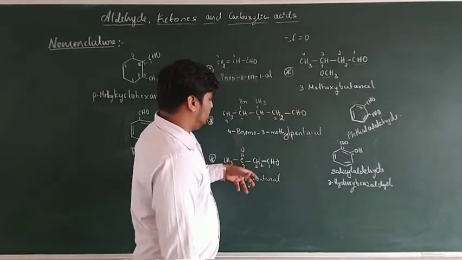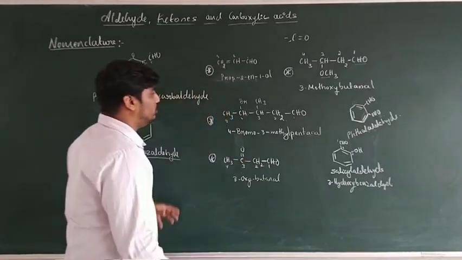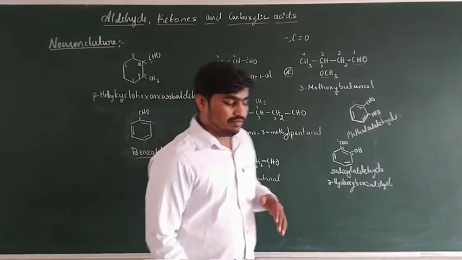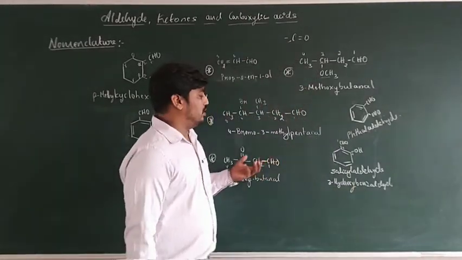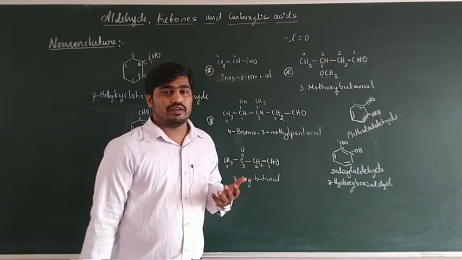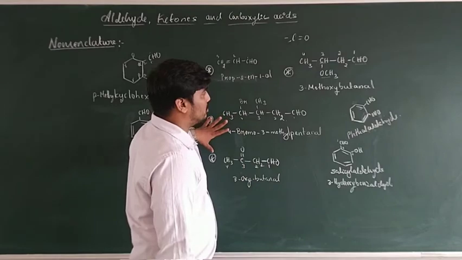So this is the way of naming the aldehydes. Next we will discuss the ketones. So this is about the different types of aldehydes. Please practice more and more examples given in your CRT book as well as in your other reference books.